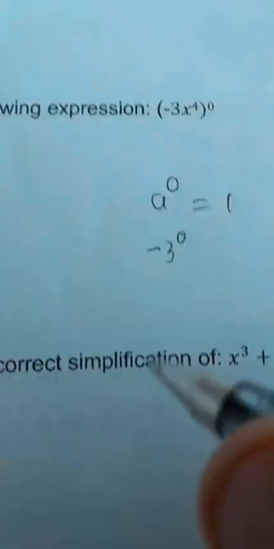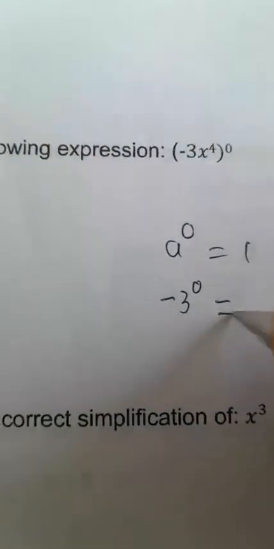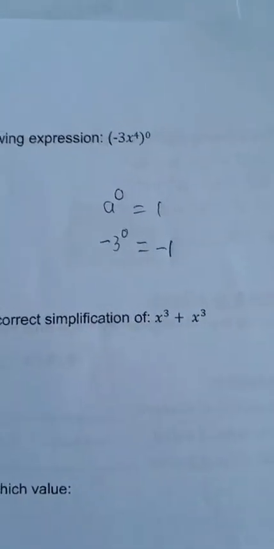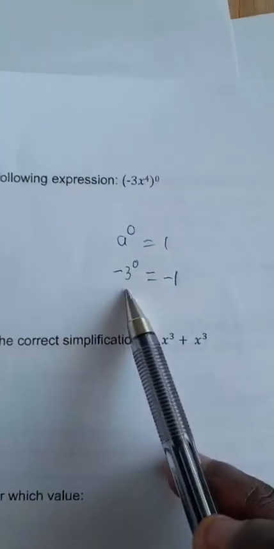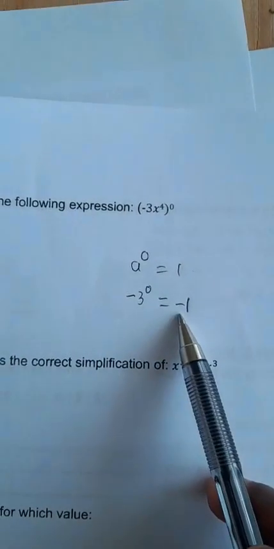Okay, hold it. Guys, minus 3 to the power 0 is actually equal to negative 1. It is not positive 1, but it is negative 1. I hope you guys can appreciate me saying this. Why do we say minus 3 to the power 0 is equal to negative 1?